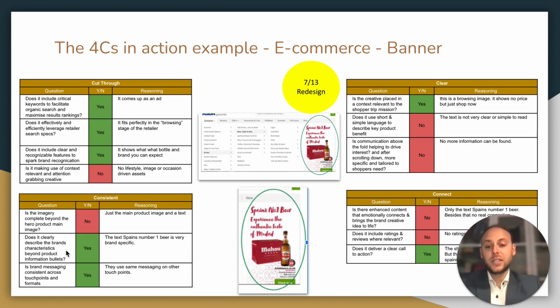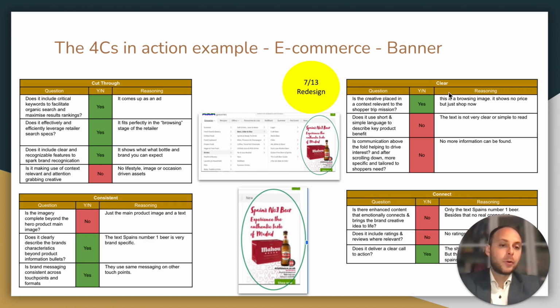Here I've said yes, because the text says Spain's #1 beer, and it's very brand specific. That's very nice to know as a shopper: if this is the brand, Spain's #1 beer, it's also good enough for me. Is the brand messaging consistent across touchpoints and formats? Here I've said yes, they use the same messaging on other touchpoints as well, which you can see if you research the brand.